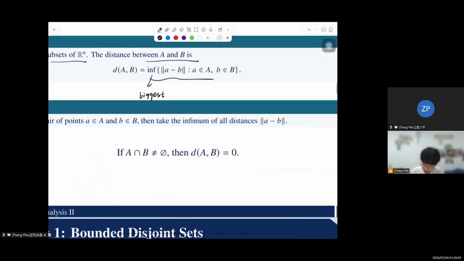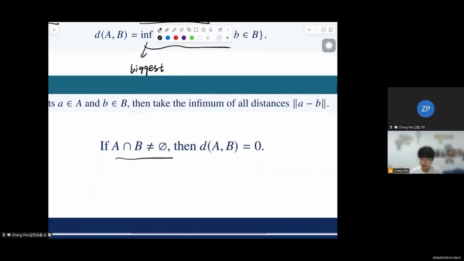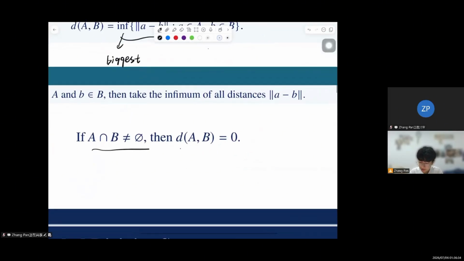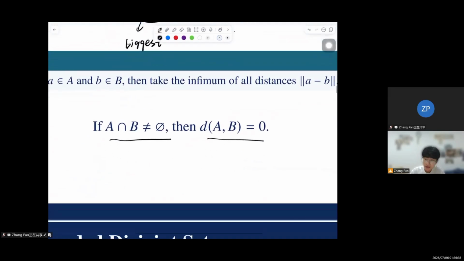Also, if A and B are not disjoint, then the distance between A and B is 0. Since the intersection of A and B is not an empty set, there must exist some element.